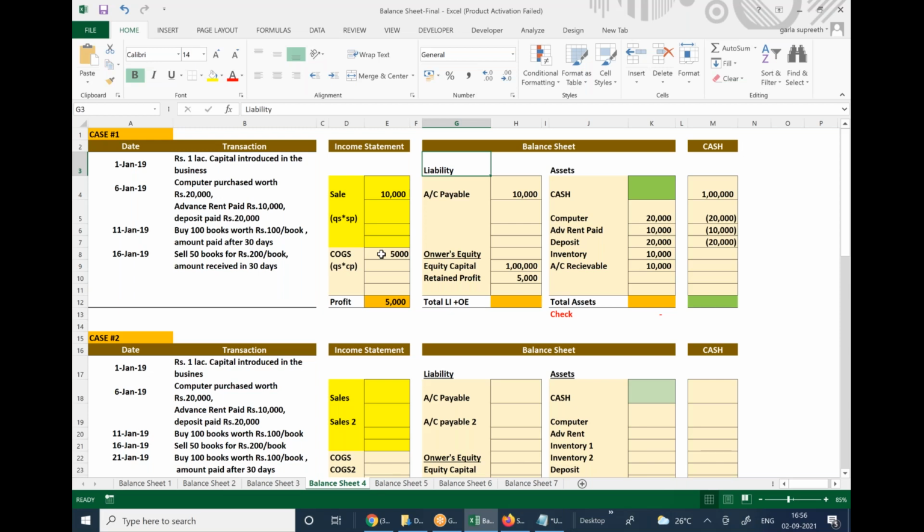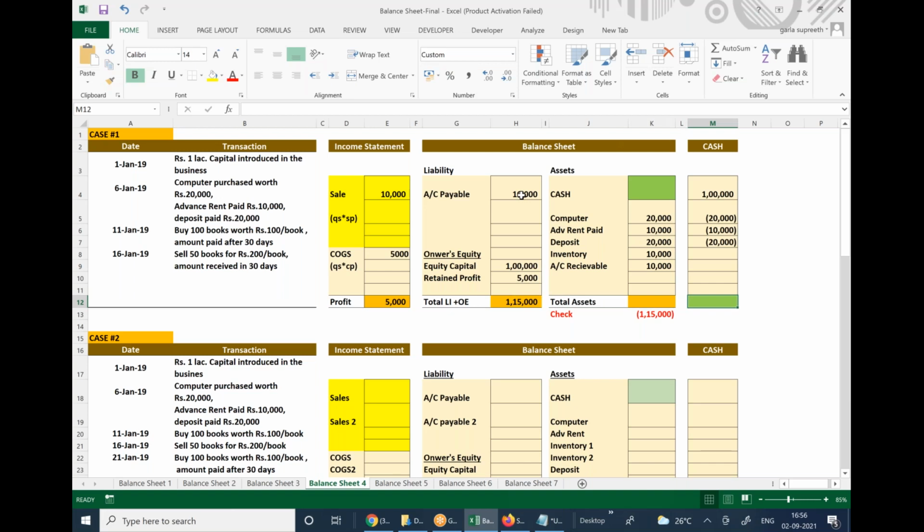Okay. Then I need to add up total liabilities plus owner equity to check if it balances. So sum of, open the bracket, select 10,000, select equity capital, select retained profit. Close the bracket, enter. 1,15,000.